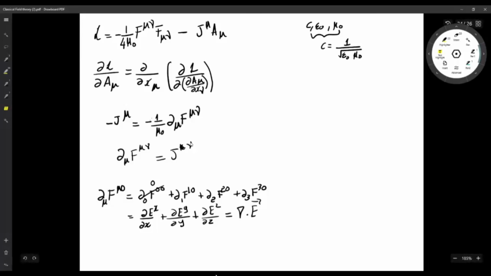This should be ∂_μ, not ∂_ν. Should definitely be ∂_μ. And I have set this conveniently to 0. And I cross multiply this, so I get my μ naught here. So basically, in the RHS, I had μ naught J^0, which is just μ naught times ρ.